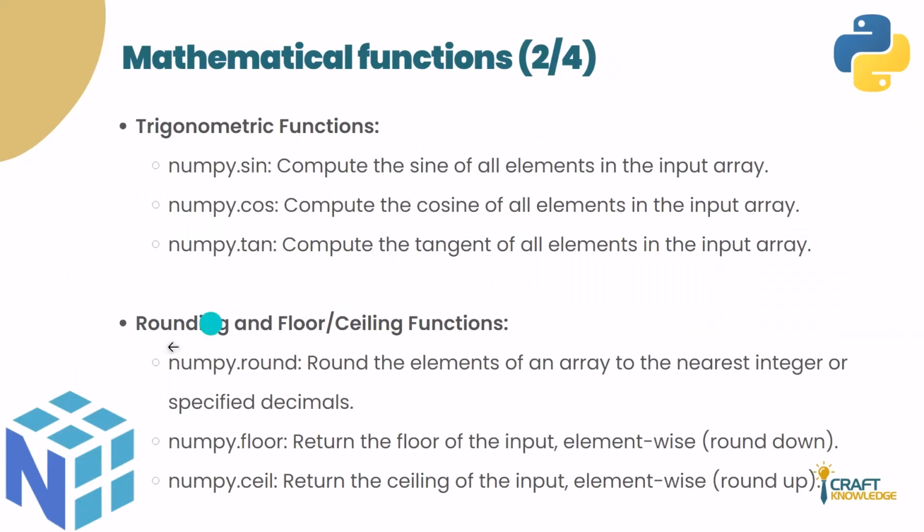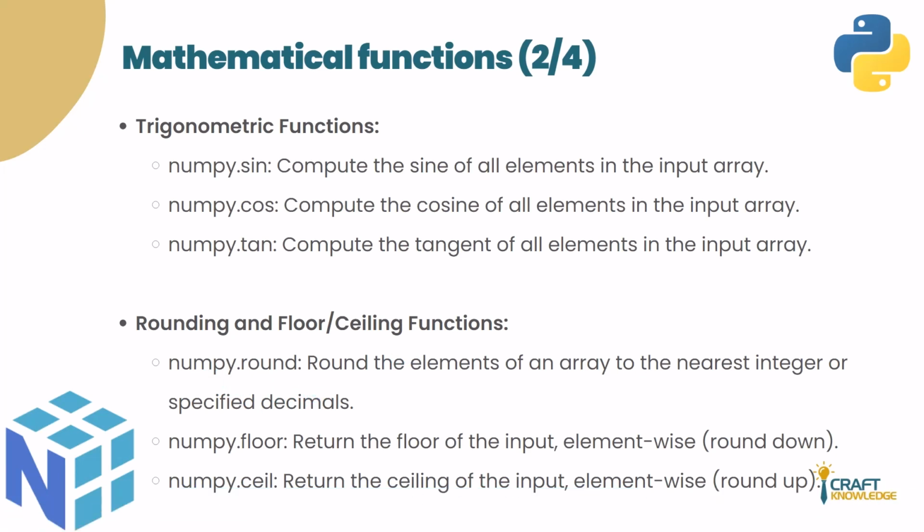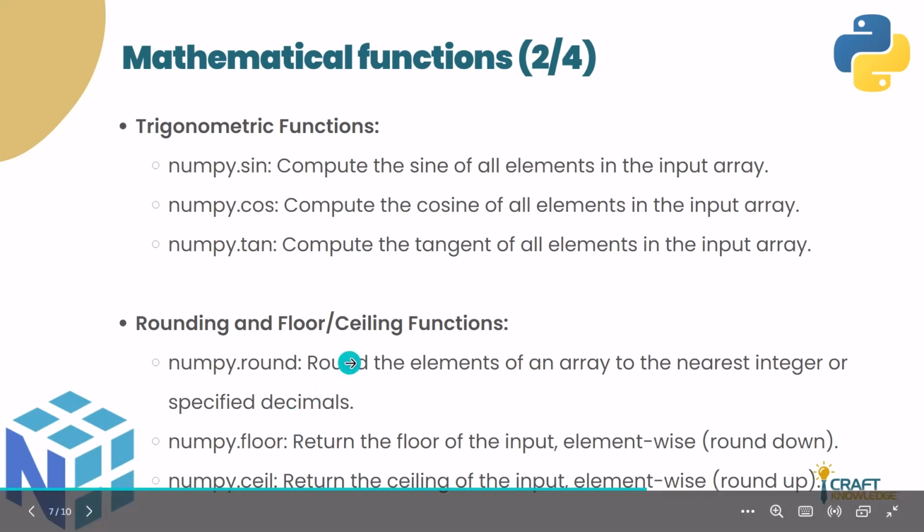Okay, these rounding and ceiling methods. Basically we use the round method to round off the floating point value. If a value is over 0.5, then a number will be added, and if a value is less than 0.5, then a number will be deducted. Floor means a lower value.